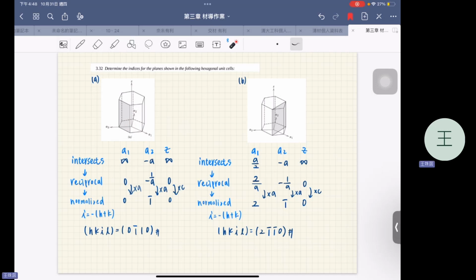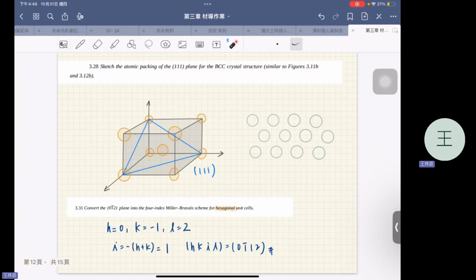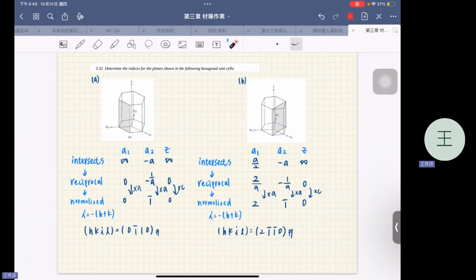Z will also be infinity because it's also parallel to Z. So we take the reciprocal: this is 0, this is minus 1 divided by a, and this is also 0. We normalize by multiplying by a, so we get 0, -1, 0. If we want the 4-index, we also need to know I, so I put I back inside.